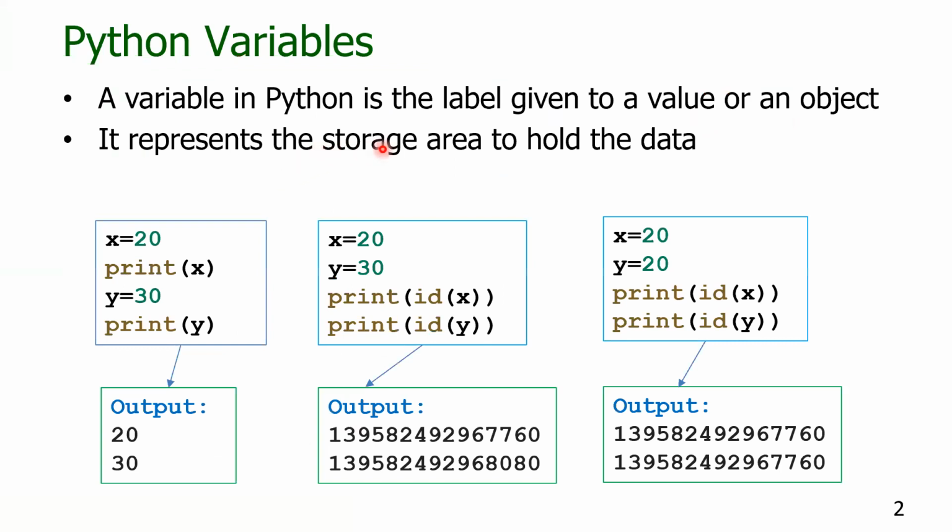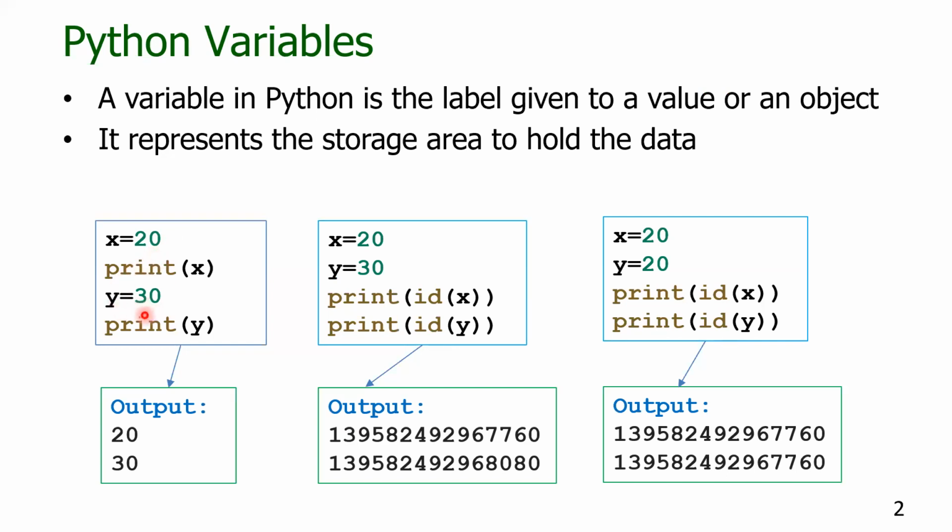A variable in Python is the label given to a value or an object. It also represents the storage area to hold the data. For example, let us see the variable x that is assigned with the value 20. In this statement, x is used as a label for the value 20.